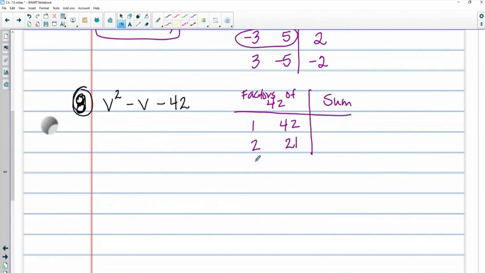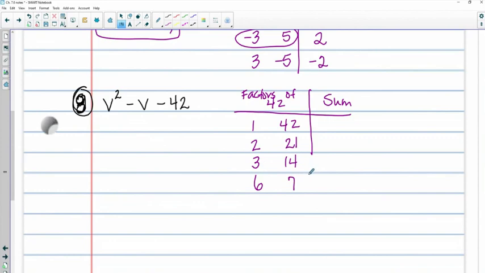Does 3 fit into 42? What do you guys think? 3? Yep, it does. 3 times 14. How about 4? Nah. 5? No. 6? Yes. 6 times 7. Okay.